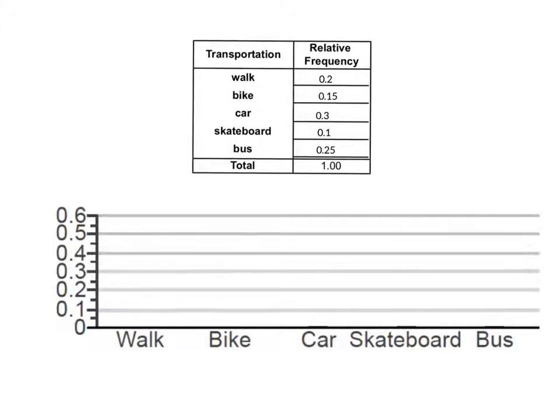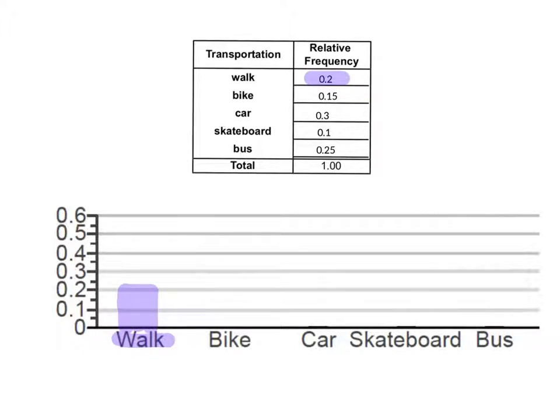To draw your bar graph, first you're going to locate the first mode of transportation, which is walk. And on the walk place on your horizontal axis, you're going to draw a bar to the 0.2 frequency. So that means I'm going to go up to 0.2 on my vertical axis, and I'm just going to shade in a bar.